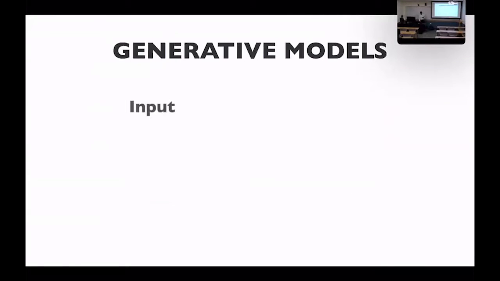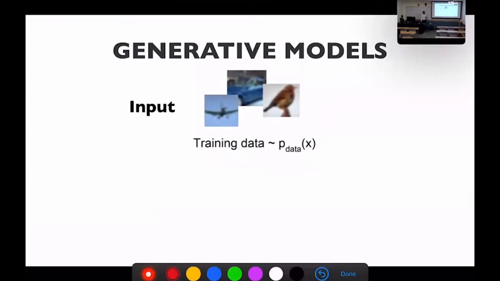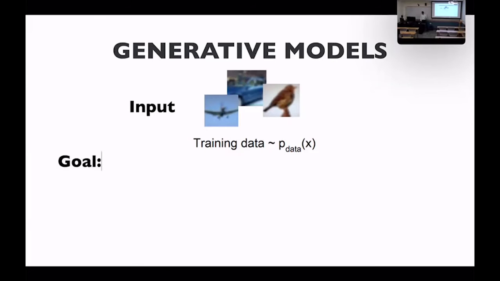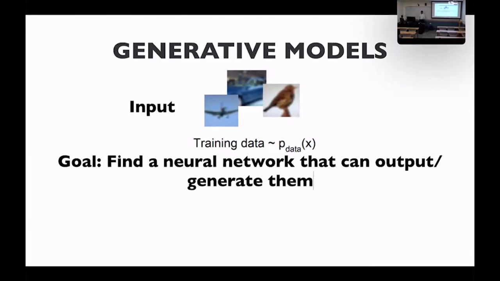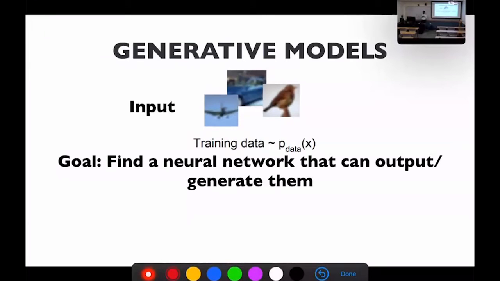Okay, so I think this might be easier. What we did in this work is use these SDEs to develop newer generative models. Generative models mean that you have some images that you take as the input data, and then the goal is to find a neural network, like I showed you before, that can generate these images.